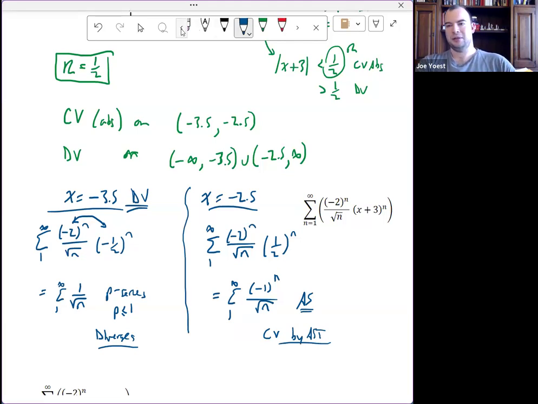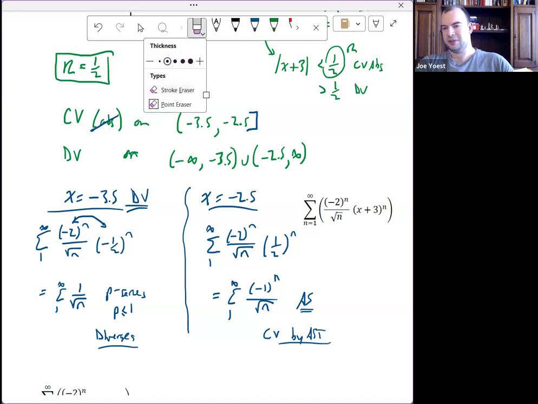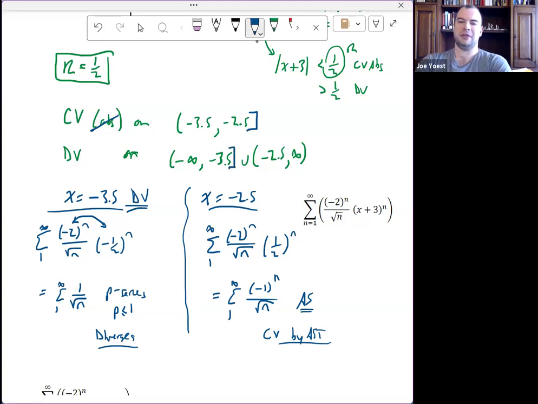And so I'm going to use the eraser method here. We converge on open -3.5 to close -2.5. I suppose we can't say we converge absolutely on that interval, but we do converge on that interval, and we diverge at -3.5, so we can close off that bracket there.